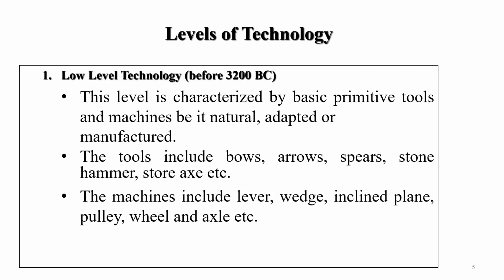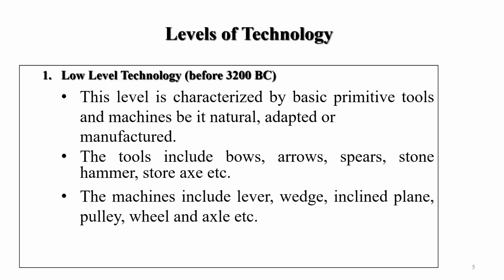So we have what we call the low-level technology, and that's the technology that existed before 3,200 BC. So the characteristics of that technology at that time is basically primitive tools and machines, which could be natural, adapted, or manufactured at the low-level technology.